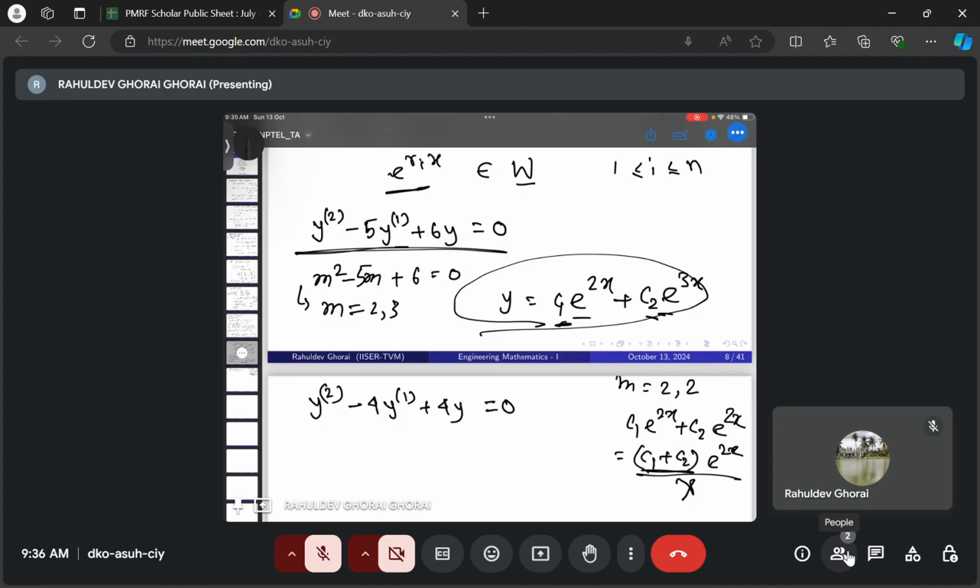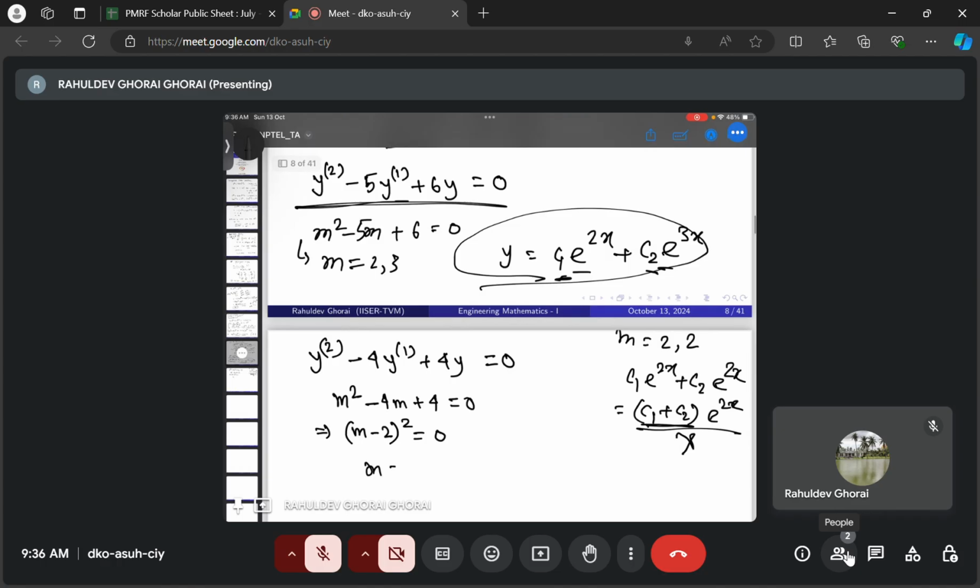I will show that the auxiliary equation will be m square minus 4m plus 4 is equal to 0. That implies m minus 2 whole square is equal to 0. So roots are 2 and 2, I mean a repeated root, 2 is coming twice.